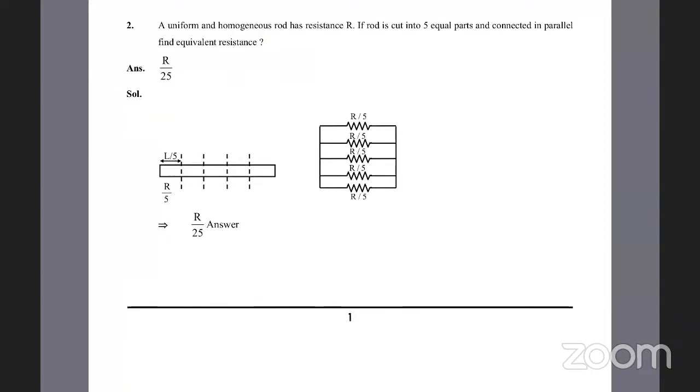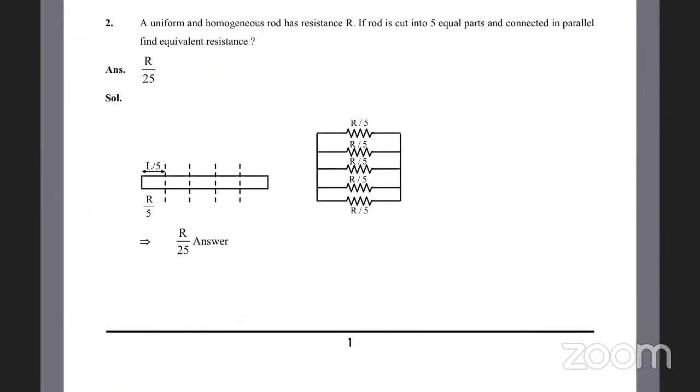Okay, now look at the second question. A uniform and homogeneous rod has resistance R. If the rod is cut into 5 equal parts and connected in parallel, find the equivalent resistance.